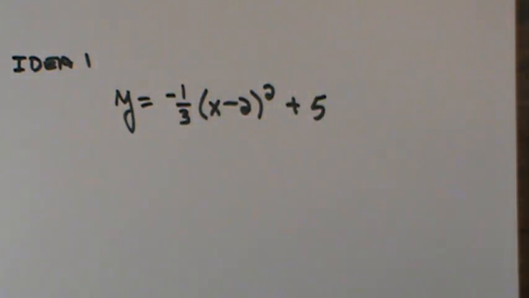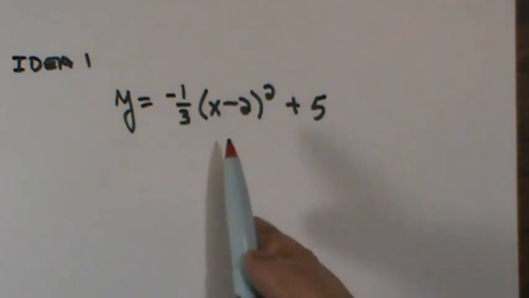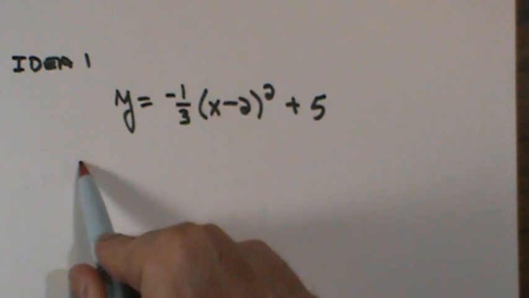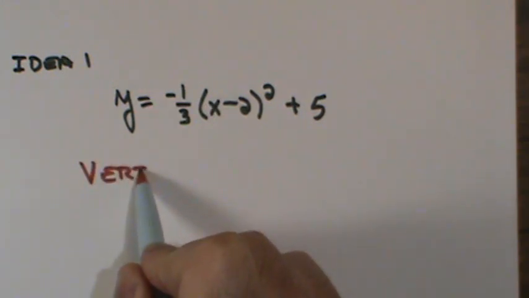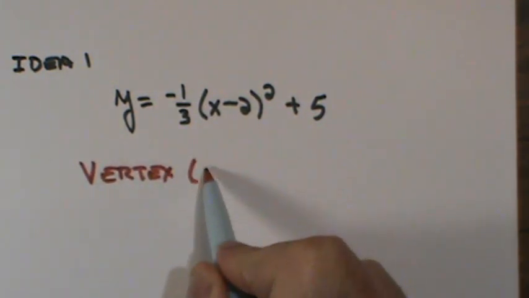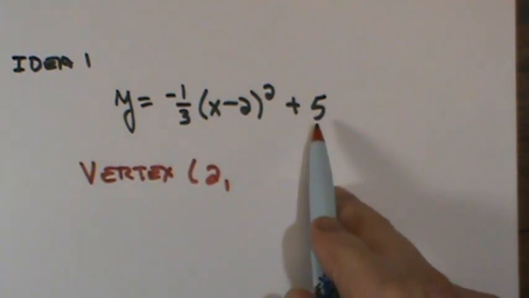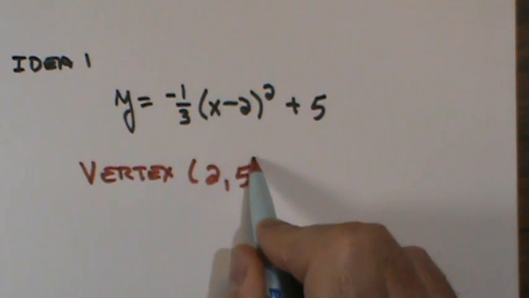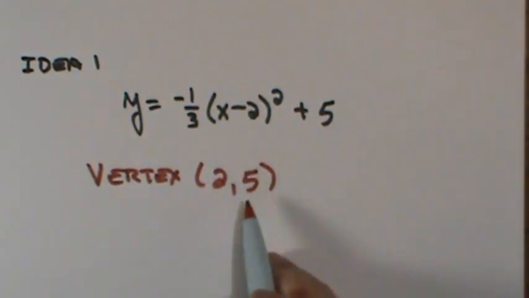Given this information, I should be able to extract a vertex and describe the parabola. So when I look at this, I'll take the opposite of what's in the parentheses. I have a vertex at 2. And I'll take this value here. I don't change the one that's outside. I keep what's on the outside. I have a vertex of 2, 5.